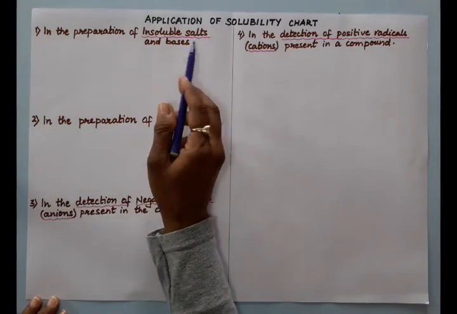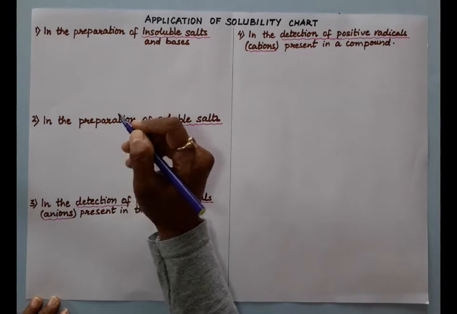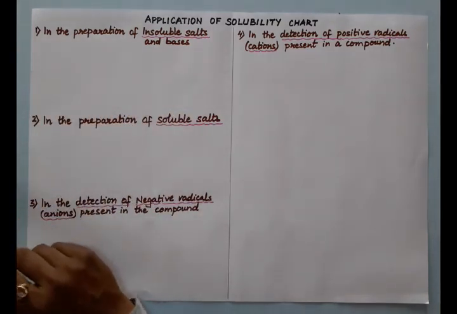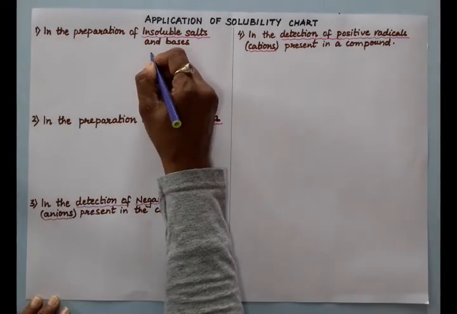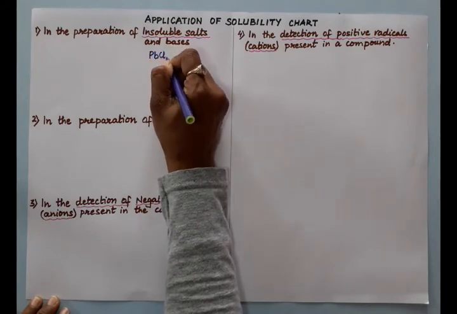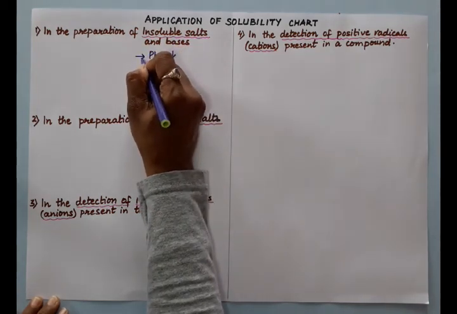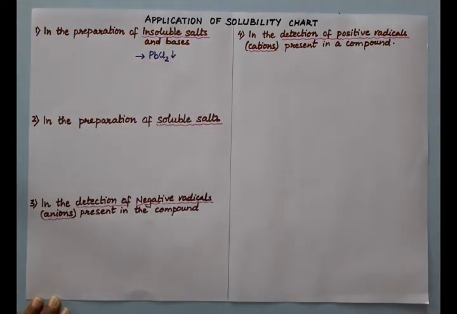In the preparation of insoluble salts and bases, for example, if we want to prepare lead 2 chloride, PbCl2, which is an insoluble salt, we have to understand how to prepare this.